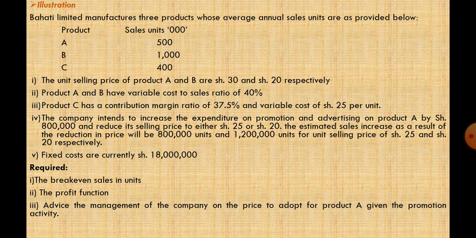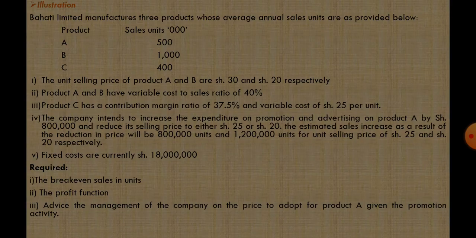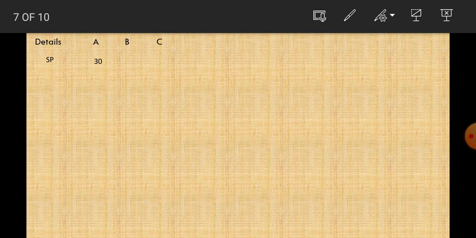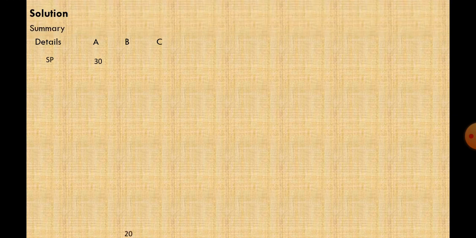So how do we handle this question here? Simply, we have a solution, and we start with a summary of the information that we have been given. We have product A, B, and C. The selling price of A is 30, of B is 20, according to the question.